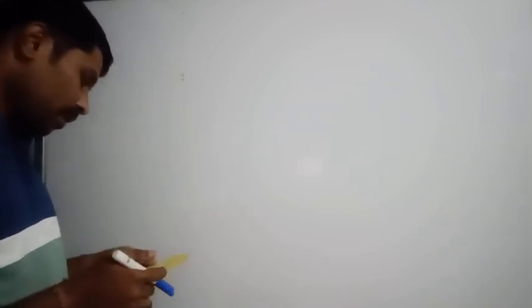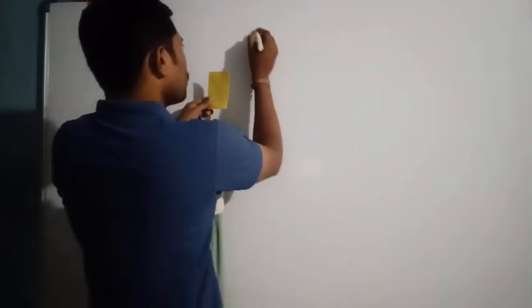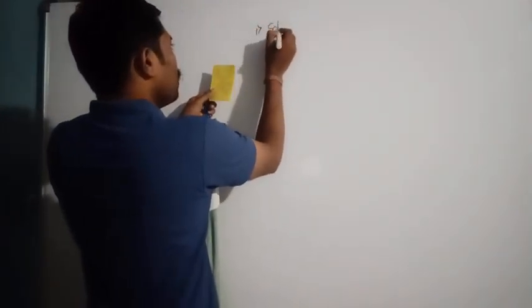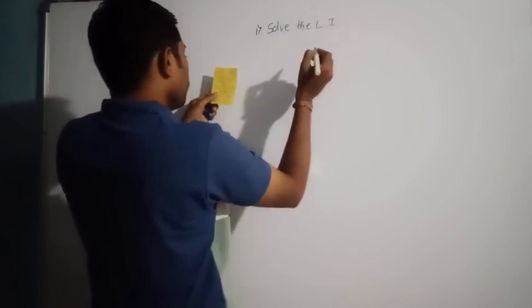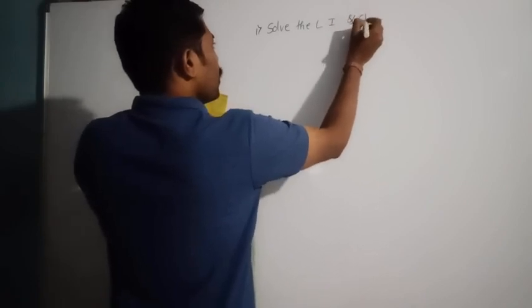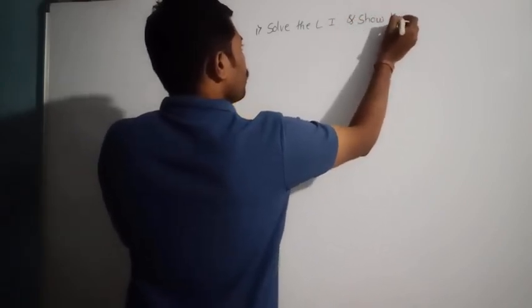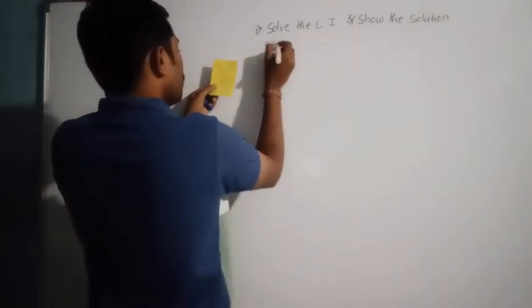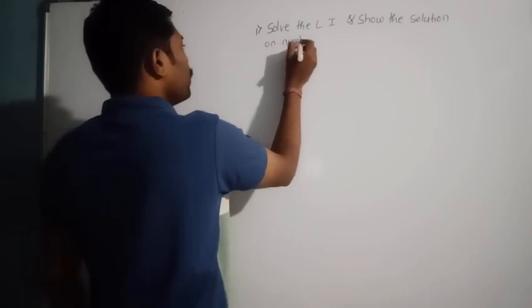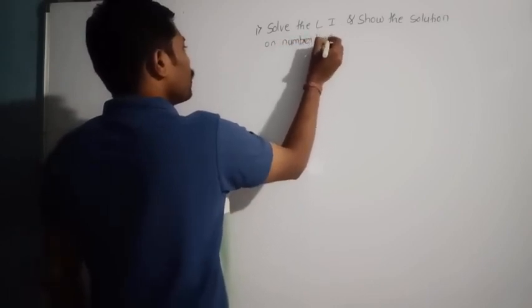The first kind of questions, so important questions: solve the linear inequality and show the solution on the number line. We have to show the solution on the number line.